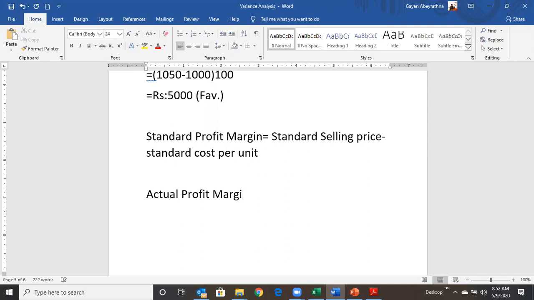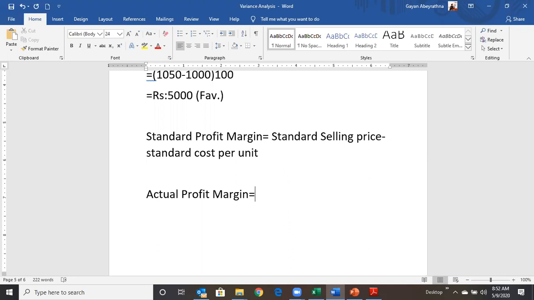You may feel that actual profit margin should be calculated by deducting actual cost per unit from the actual selling price. But that's wrong.